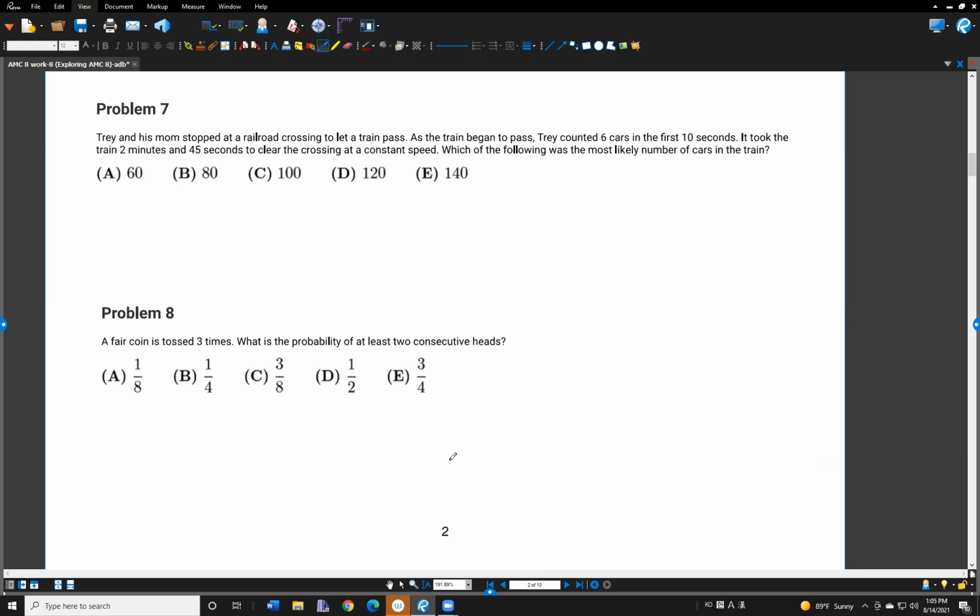It took the train 2 minutes and 45 seconds to clear the crossing at a constant speed. Which of the following was the most likely number of cars in the train?